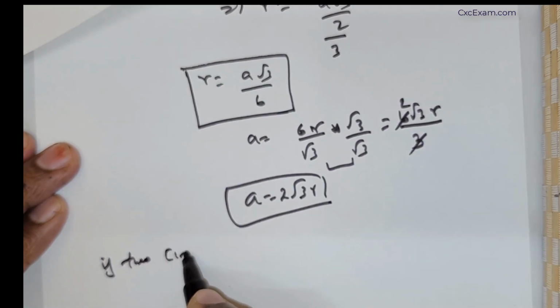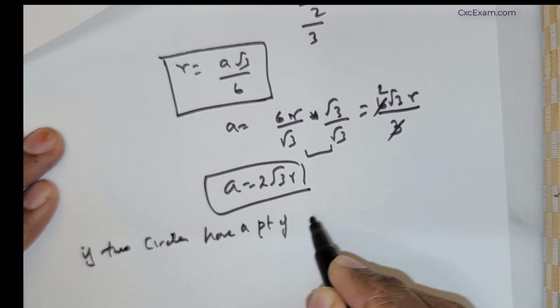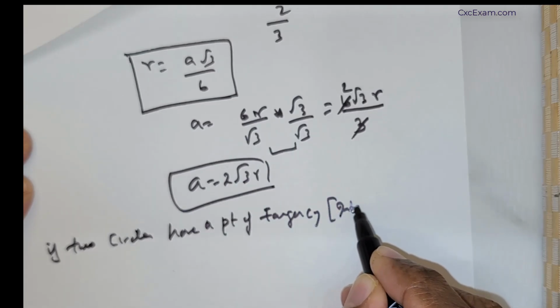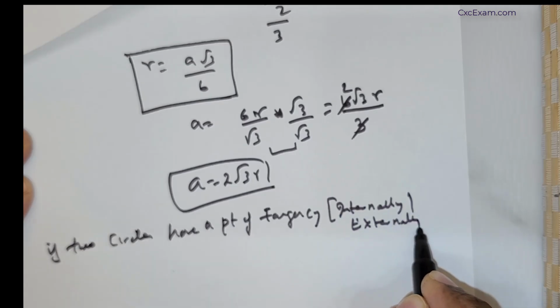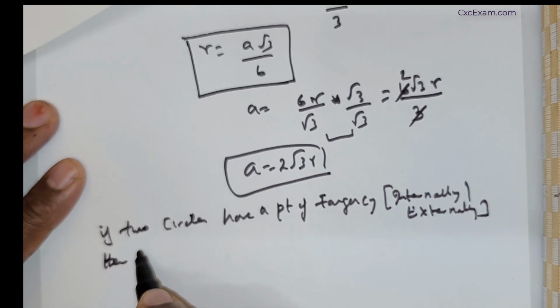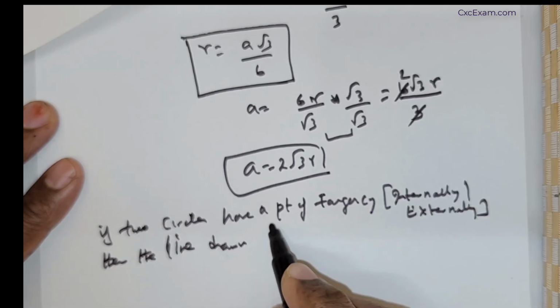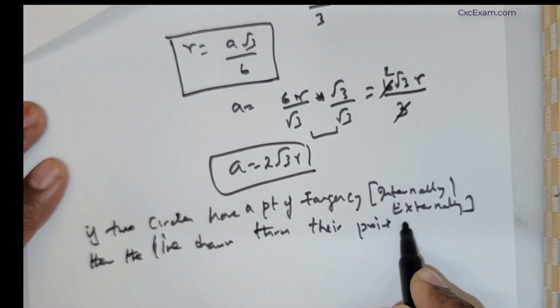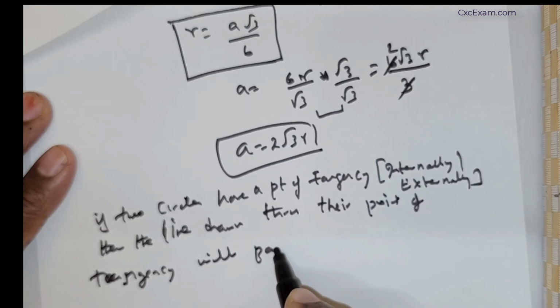if two circles have a point of tangency either internally or externally, then the line drawn through their point of tangency will pass through their centers.